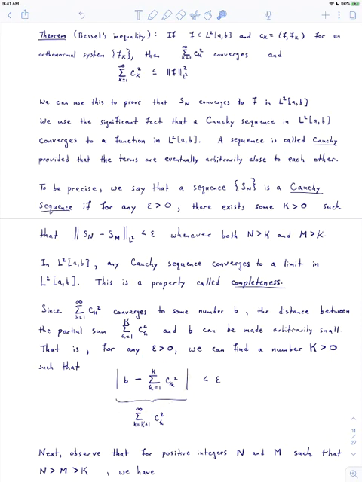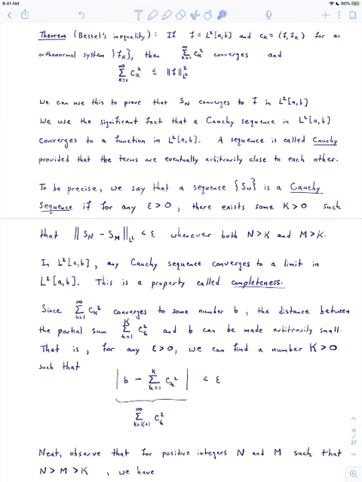Now notice what this is. This is just the sum of the tail. This is the tail of the series, the sum lowercase k equals capital K plus 1 to infinity of ck squared. So the idea is that since the series converges, this tail must get arbitrarily small.